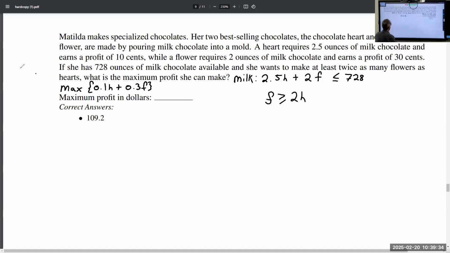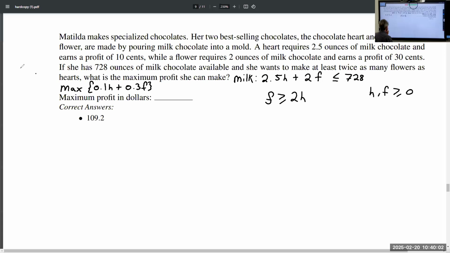That's the way it looks to me anyway. And then I would also say that they could be 0, but they can't be negative. I can't have a negative amount of Heart chocolates. That's not going to work. So they have to be in the first quadrant.